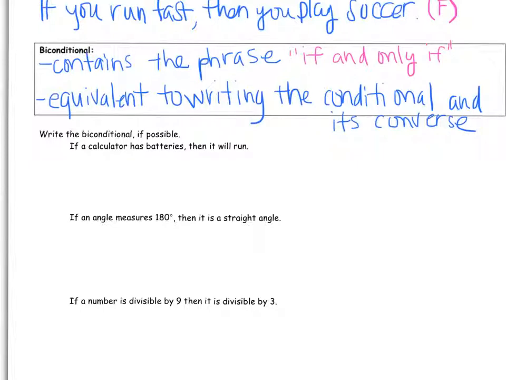A few examples here. It says to write the biconditional if possible. We need to talk about that if possible part for just a second.